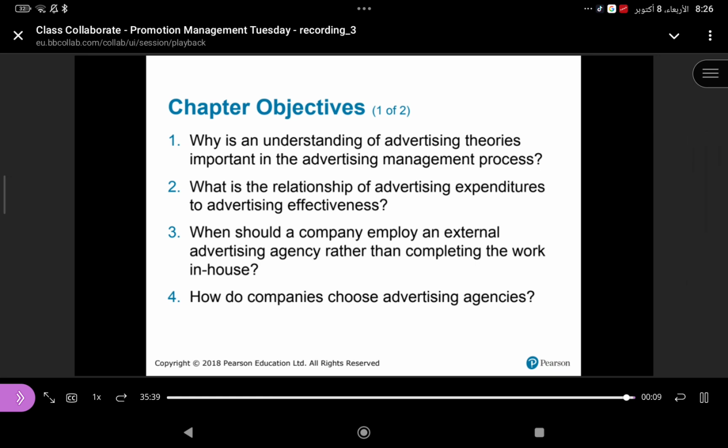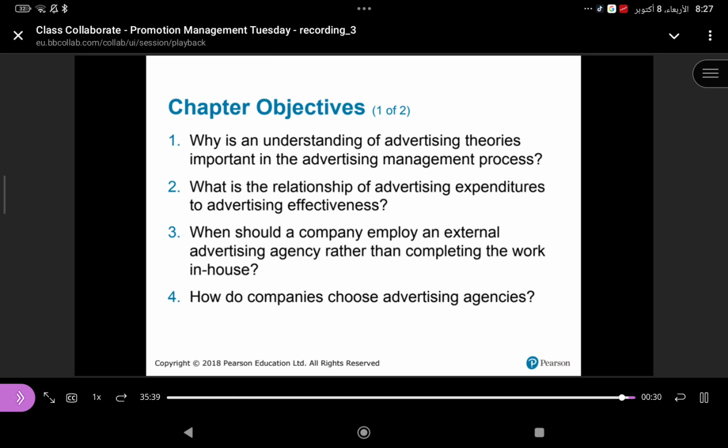In the past classes, we have discussed chapter 1, which was related to the introduction and some basic concepts related to marketing management, which are related to the integrated marketing communication.